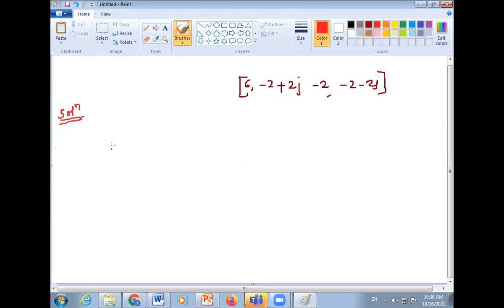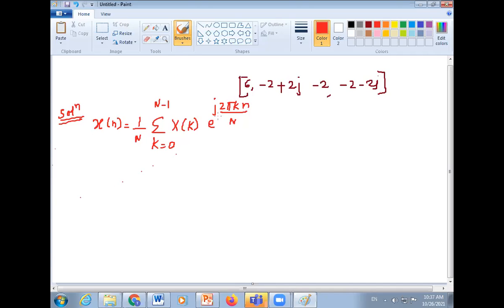So we can solve it with the formula. What is the formula we are having? Formula of IDFT, can anyone tell me? Formula of IDFT: x of n is equal to 1 by N summation k equals 0 to N minus 1, X of k into e power j 2 pi k n by N. Correct?